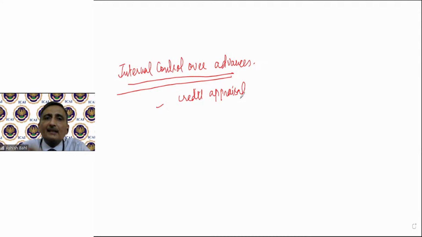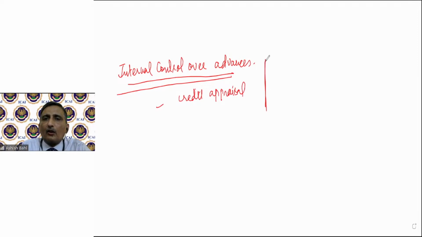These all fall within the domain of credit appraisal. Whether the borrower is creditworthy, whether any market inquiries have been made, these all fall within the domain of credit appraisal.